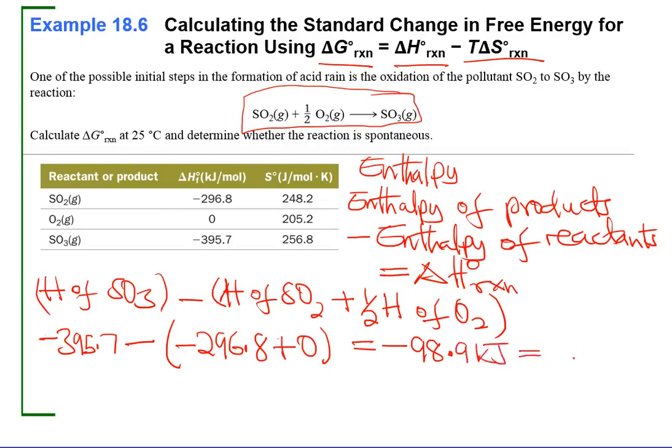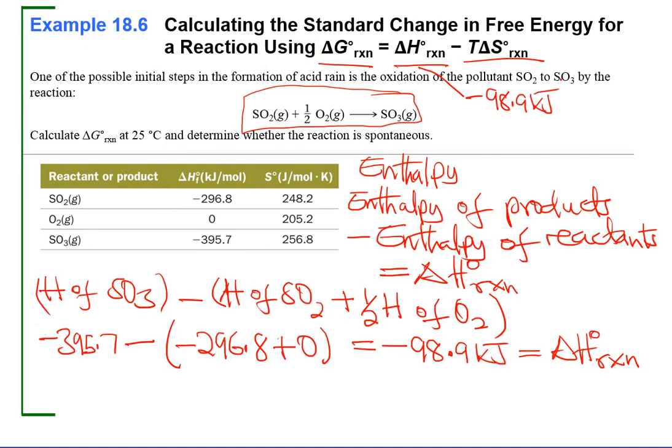So this one is equal to delta H naught reaction. So based on that, we have found this. So we'll say that this one is equal to minus 98.9 kilojoules for now.